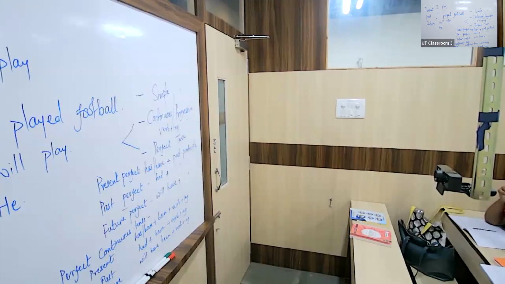I'll give you a few words. You write them in your notebook. Write the past. See what you will do is you will write three columns: present, past, and past participle.